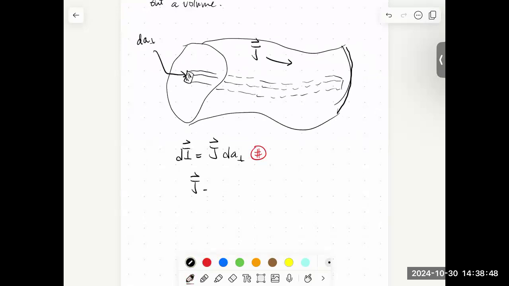Okay, so what does that mean? J is equal to dI divided by dA perpendicular, so just dividing by dA. I is lambda v, dA perpendicular. Lambda is dq/dx, just doing all the same stuff we did for the sheet case. So now ds is a step along this rectangular section.